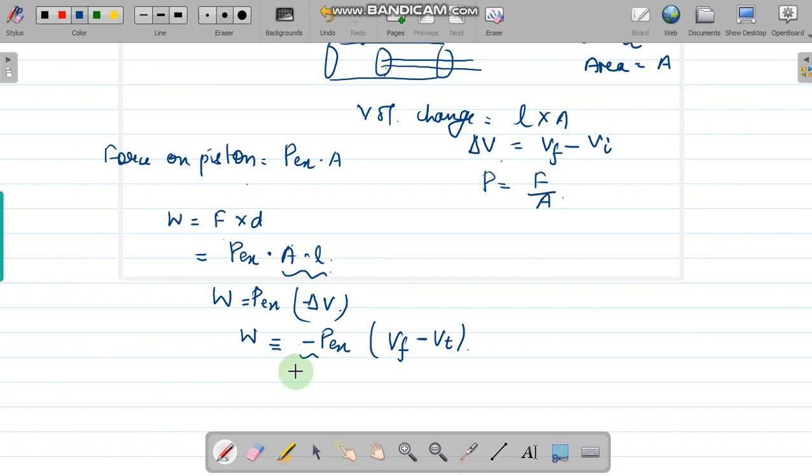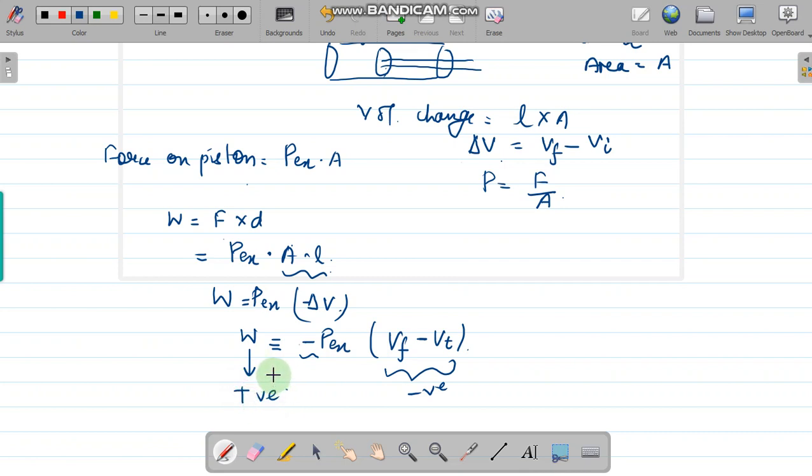Now the negative sign which I have kept over here is the conventional sign so that the work done on the system comes out positive. It indicates that if compression work is done on the system, then Vf minus Vi is going to be negative, and the negative multiplied by the negative becomes automatically positive. Hence the sign obtained for the work done is automatically positive.